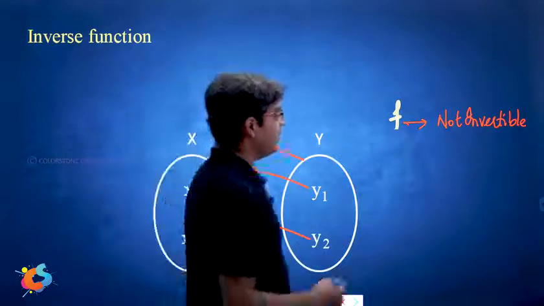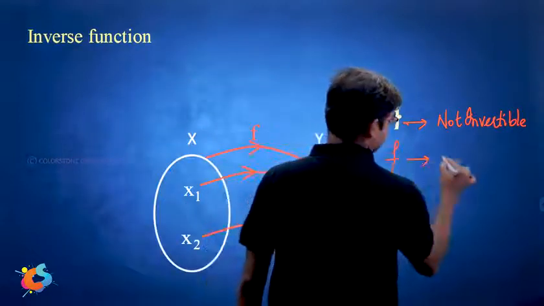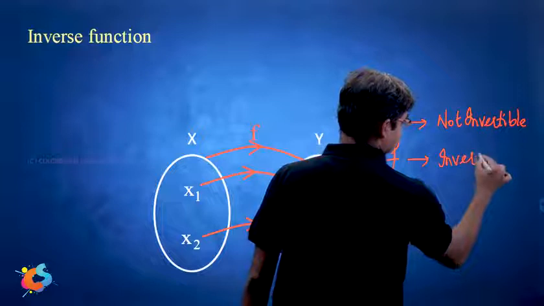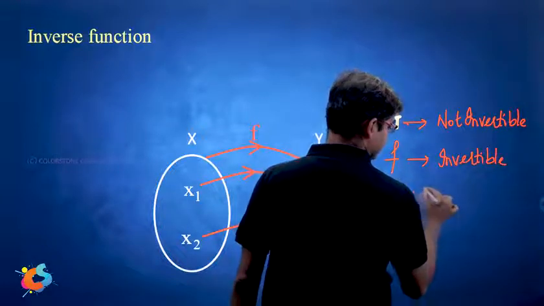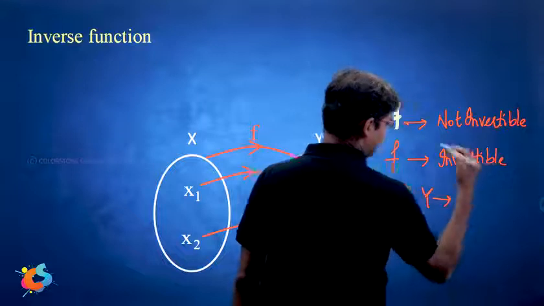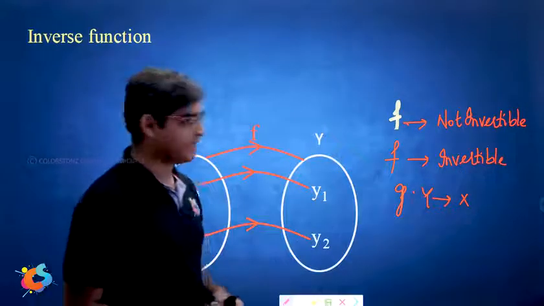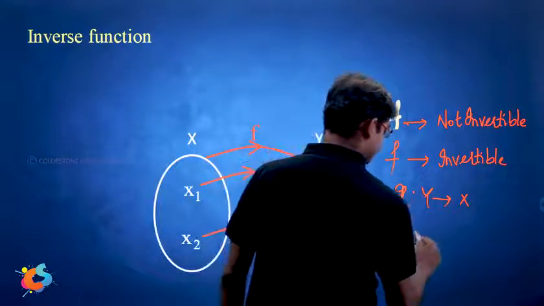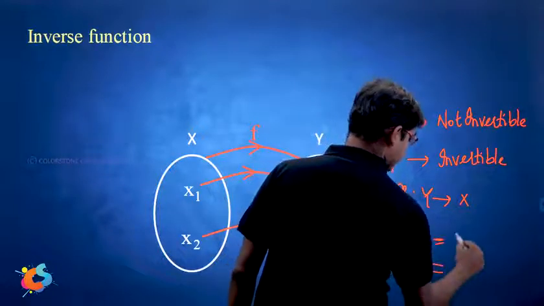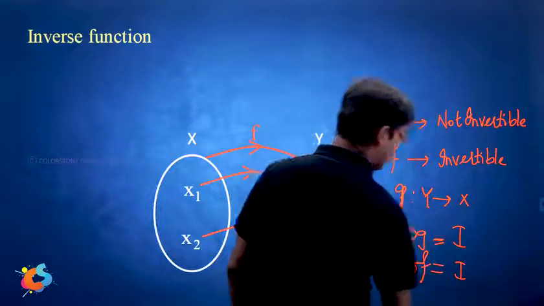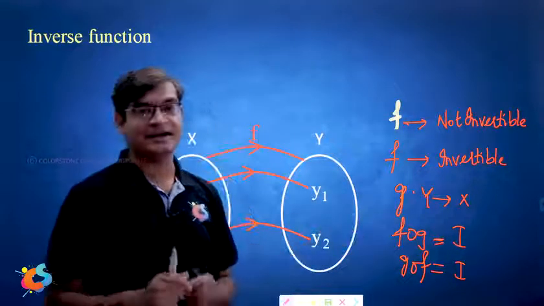But for now, to check if a function is invertible or not, we have to find a function g which has its domain and codomain interchanged, and the composite function should be identity function. Of course, these two are different identity functions.